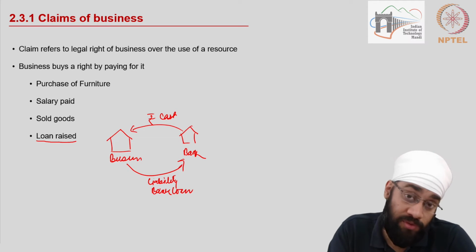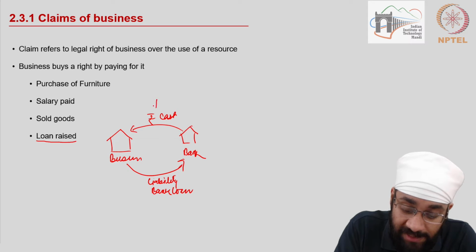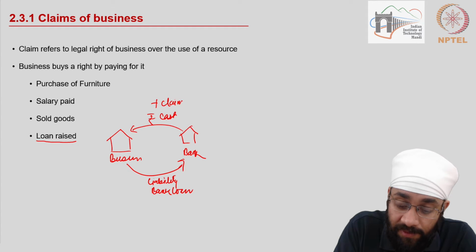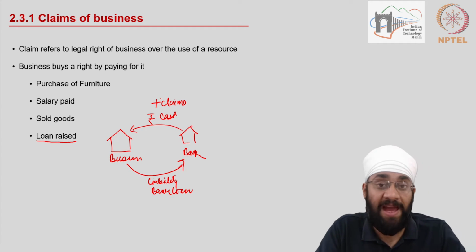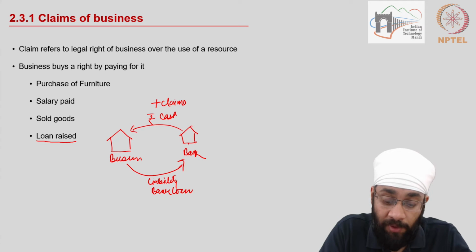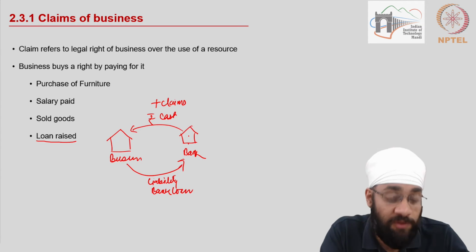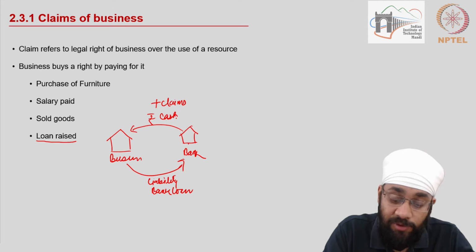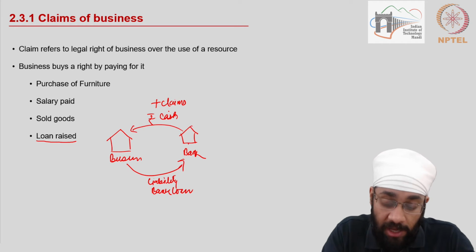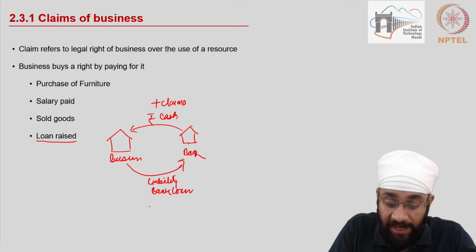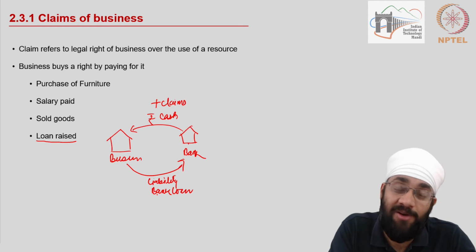But of course there are two sides to it. The business has an increase in the claims in terms of the cash that the business receives. So the bank deposits money in the bank account of the business. So the business's claims on this cash go up. However, the bank's claim on the business also goes up.